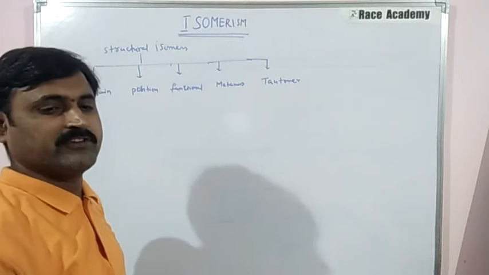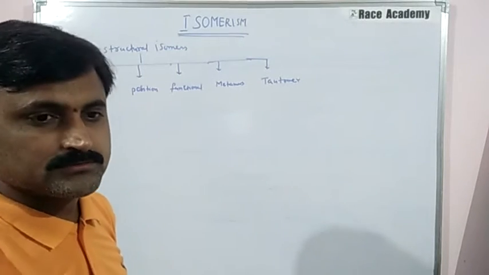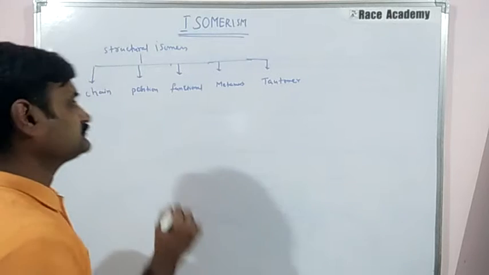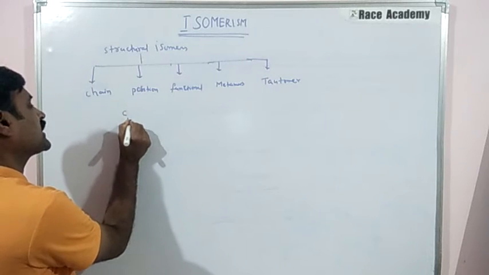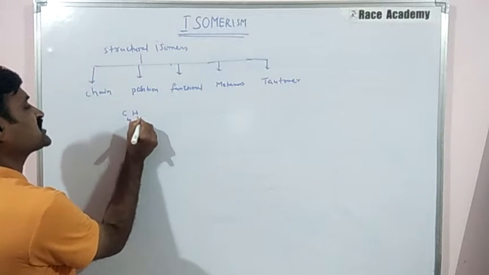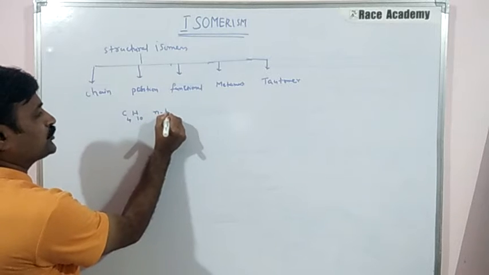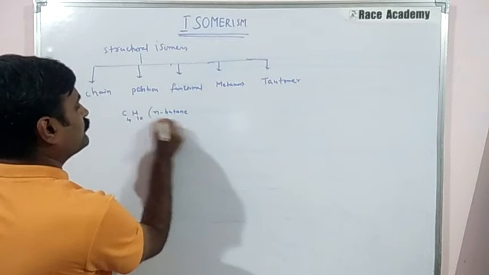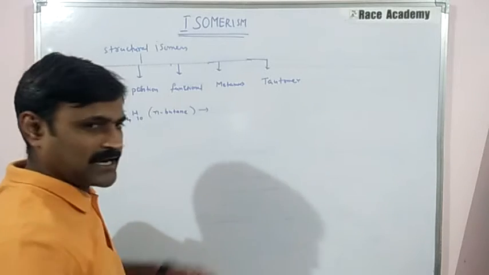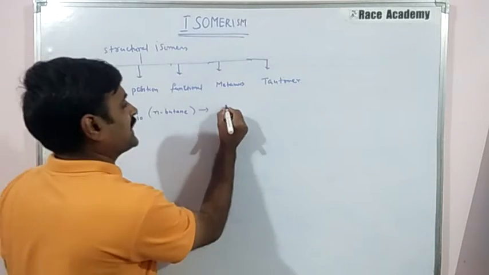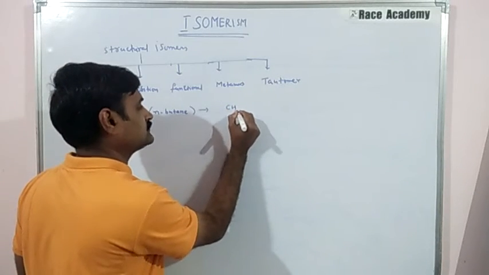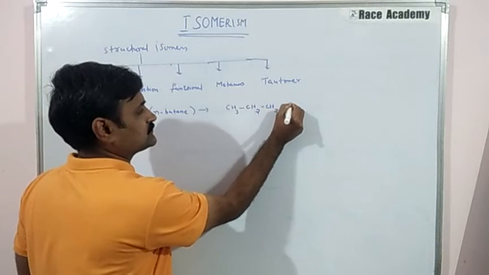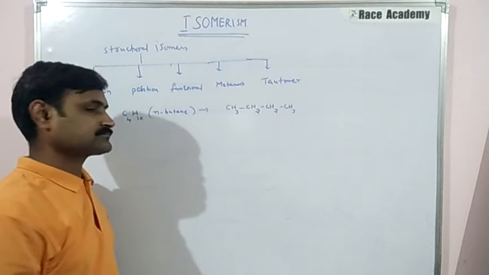What is the meaning of this? We will see with an example. Suppose I am talking about butane, that is C4H10. If you are writing n-butane, it is a straight chain: CH3, CH2, CH2, CH3.